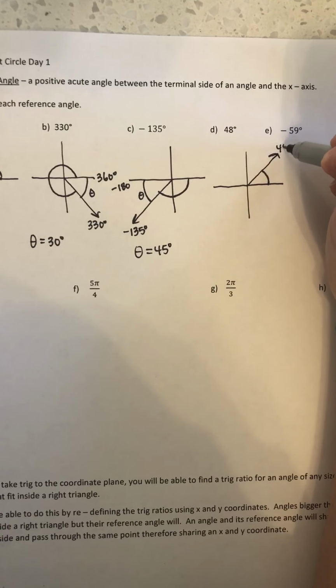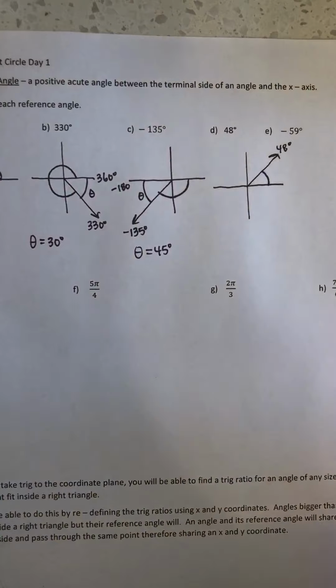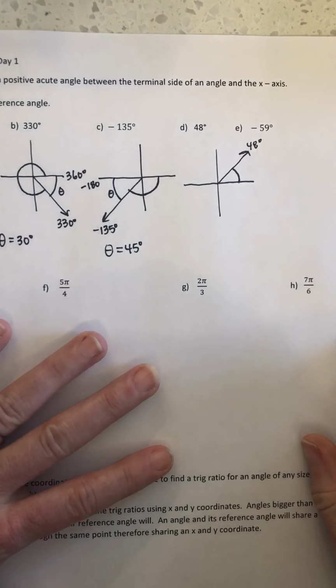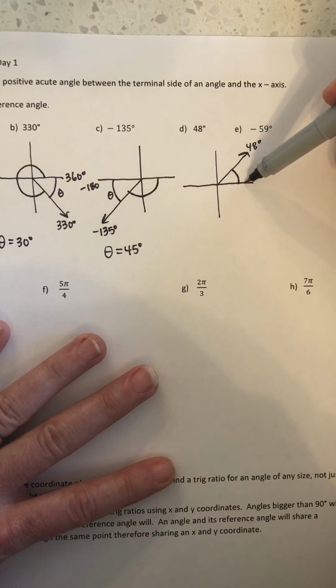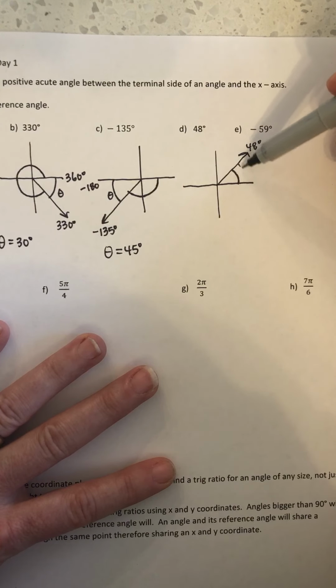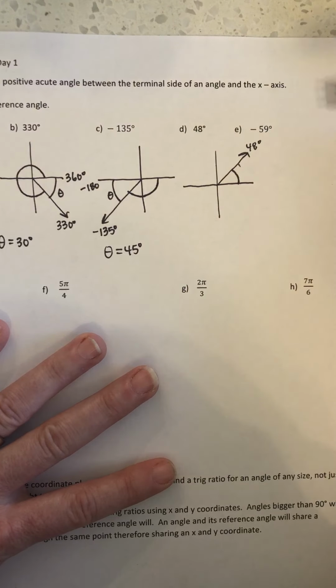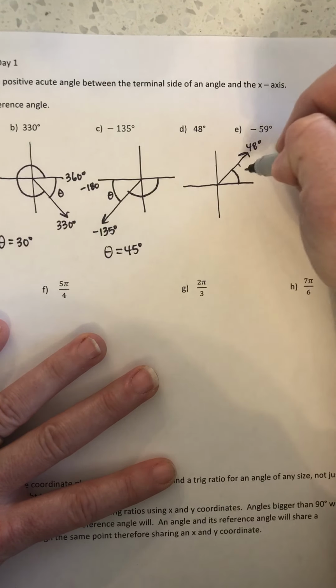That is 48 degrees. So the reference angle is the positive acute angle between where your angle ended and the x-axis. Well, guess what? That is already this angle because 48 degrees is already a positive acute angle. That's an angle that will already fit inside of a right triangle. So it's its own reference angle.